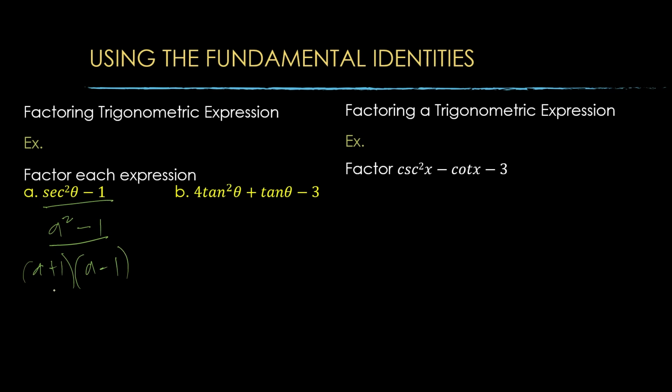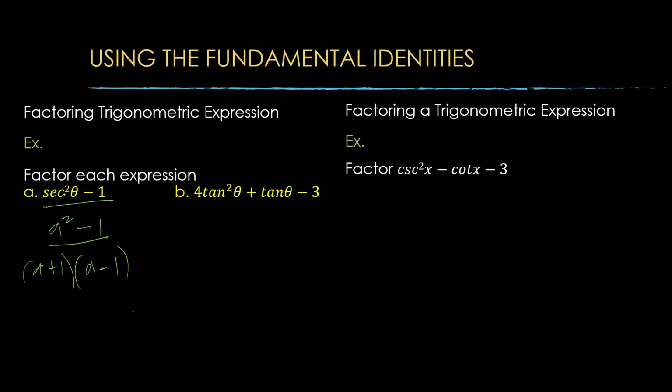Okay? Because if you multiply these binomials, you'll get a squared minus a plus a and negative 1. A and negative a cancel out, and you'll be left with a squared minus 1. So these are your factors: a plus 1 and a minus 1.